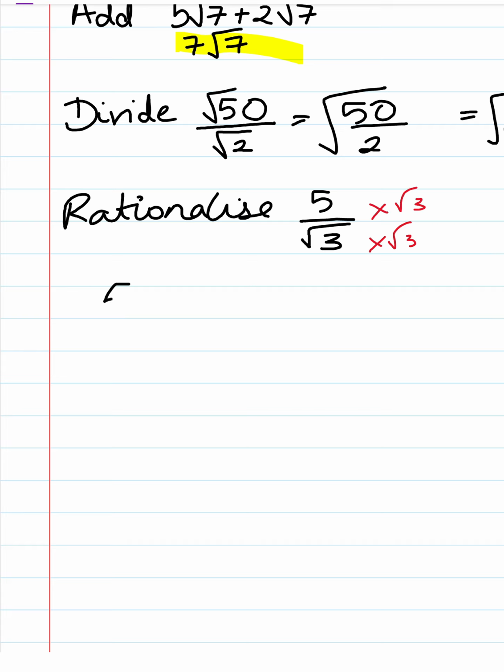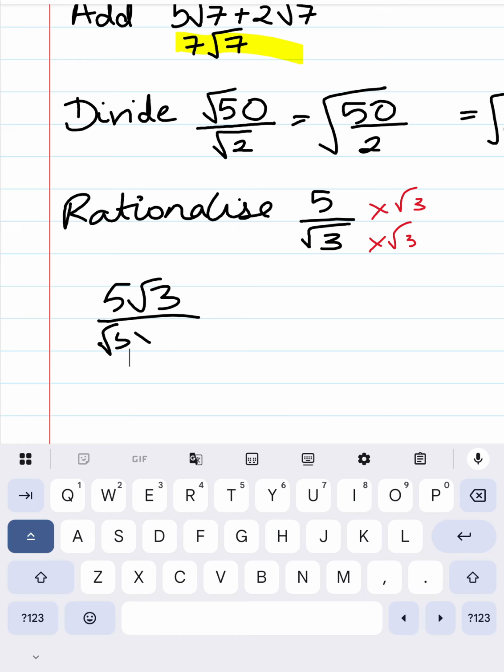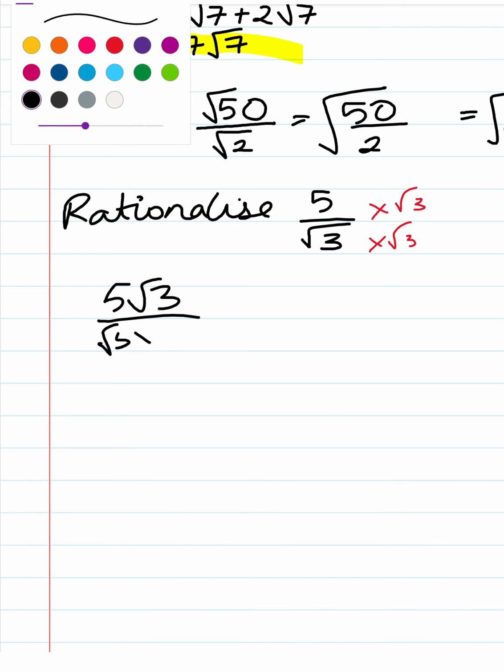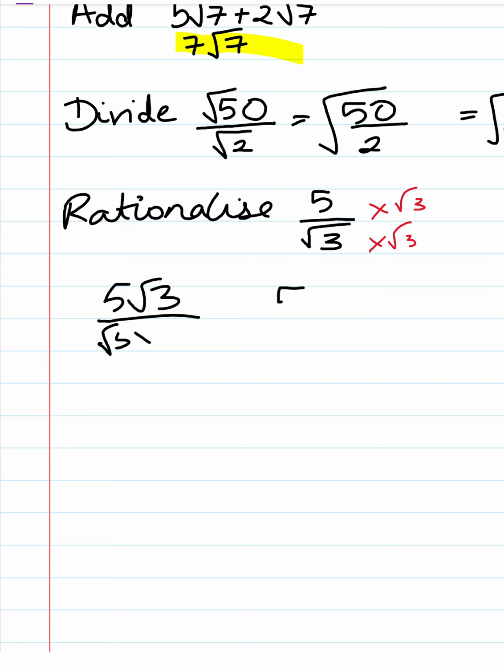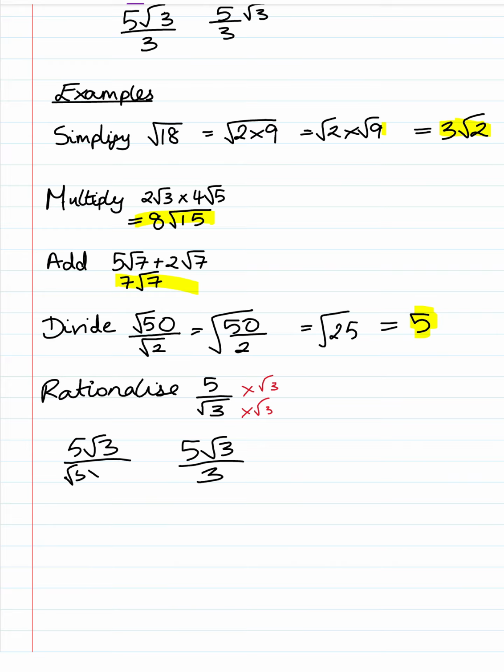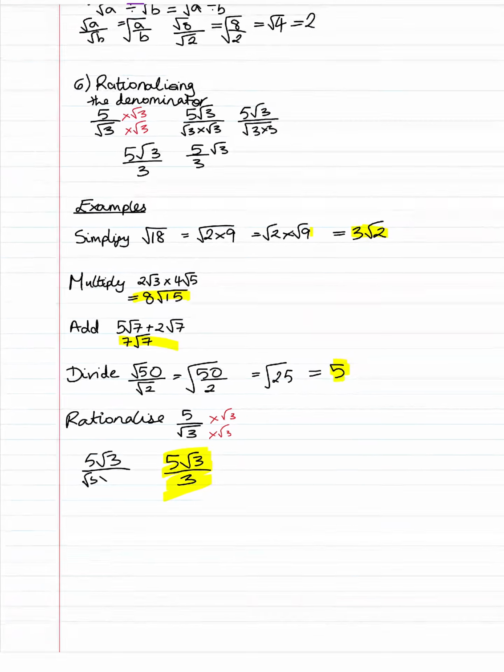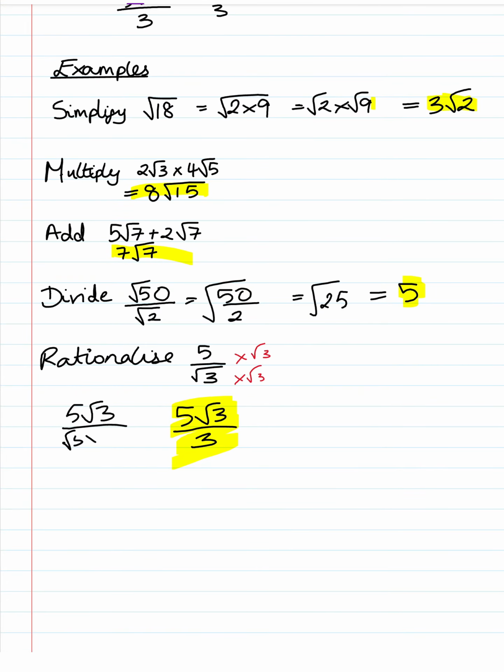This gives us 5 root 3 divided by root 3 times by root 3, which, as we saw earlier, gives us 5 times the square root of 3, all divided by 3. And there we have it, some key examples of how the rules of surds are used and how you can use them in a question in the future.